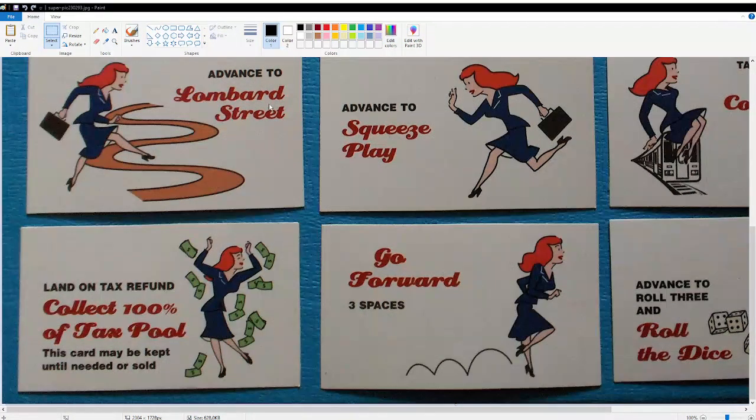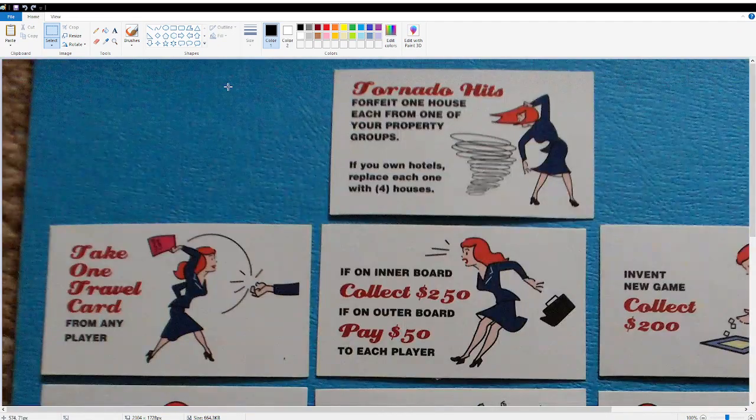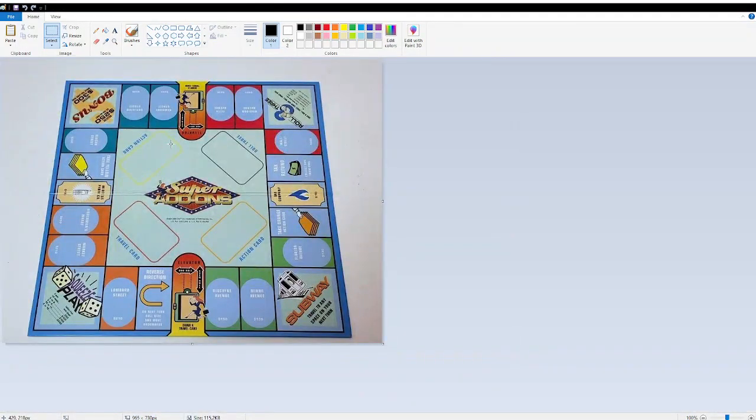What's the bus tickets? Nope. Those are just title deed cards. Those are more title deed cards. That's the board insert, which is not actually all that interesting. I know, it's disappointing.